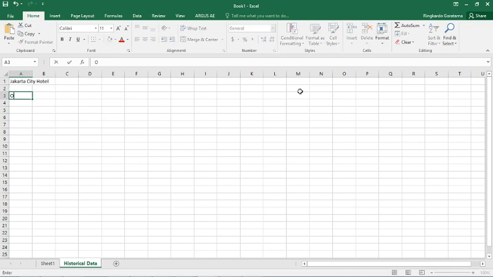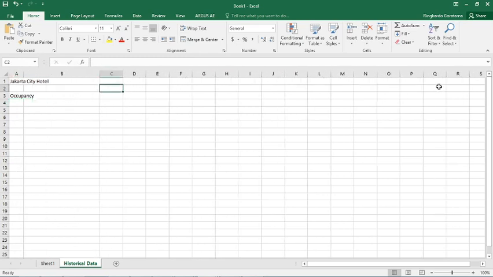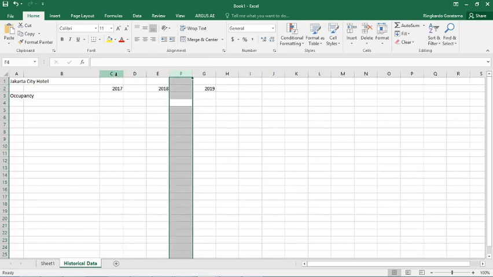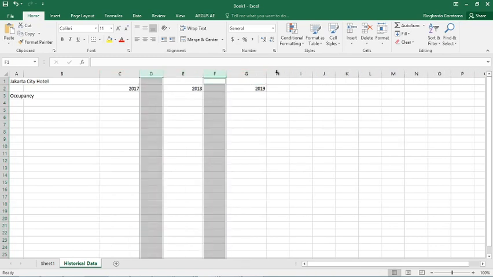This is the occupancy, and let's say we have 3 years of historical data: 2017, 2018, and 2019.